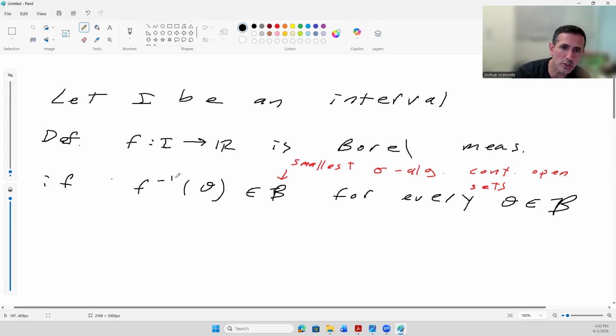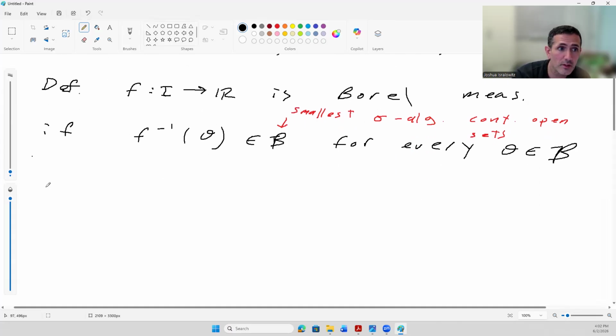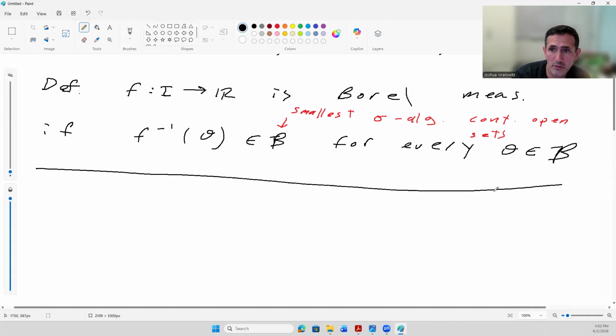Here we want to be a lot more general on which sets we take the inverse image of, for a really good reason. A little proposition, very, very easy.